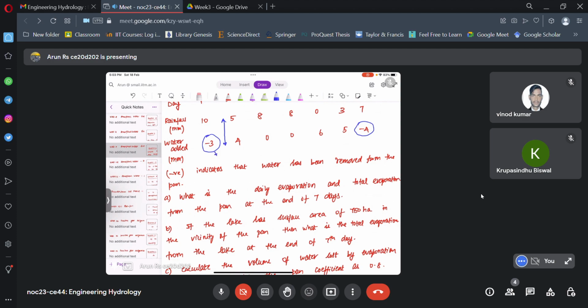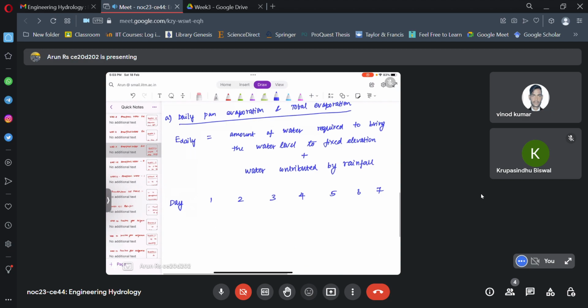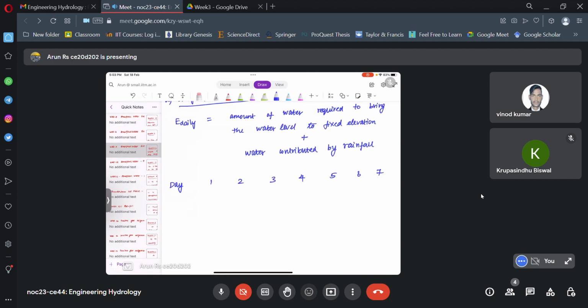So that day the evaporation is less and the precipitation happens, so water has accumulated. So the summation of this will give you the amount of water that is actually evaporated. Correct? Yes.